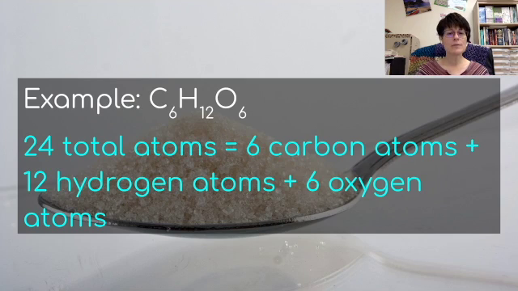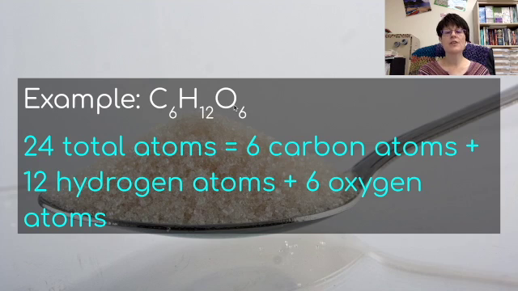An example of a compound is glucose, C6H12O6. So that's glucose. That is sugar. When we look at this formula, this is a chemical formula, we have subscripts behind the letters. The 6 means that there are 6 carbon atoms in glucose. The 12 behind the H, 12 hydrogen atoms.